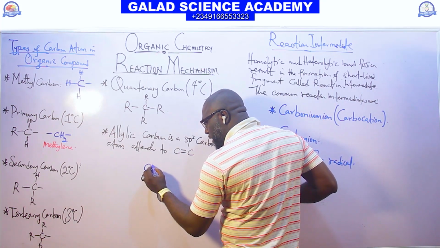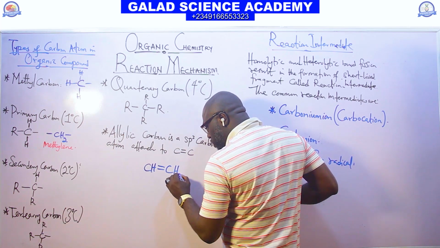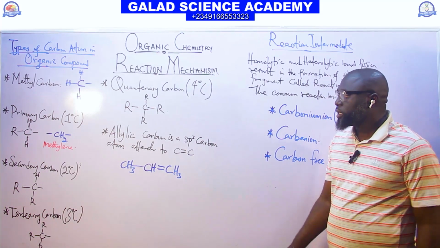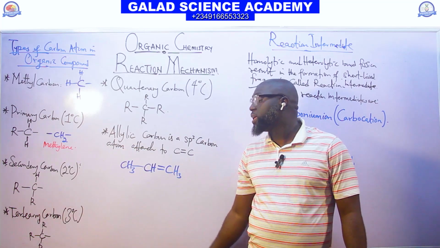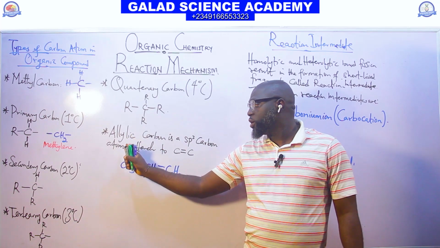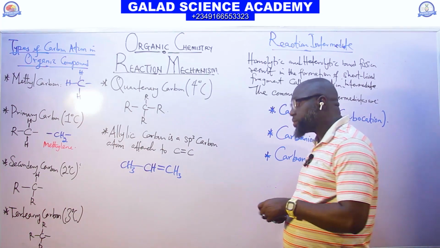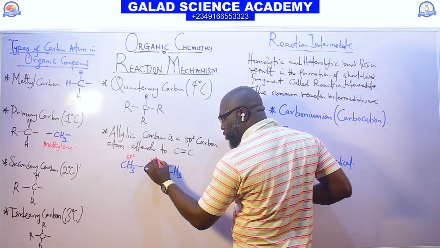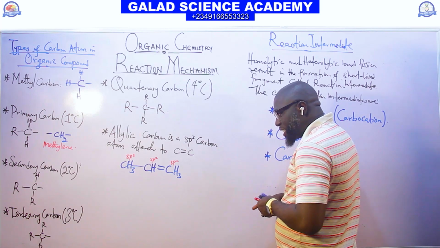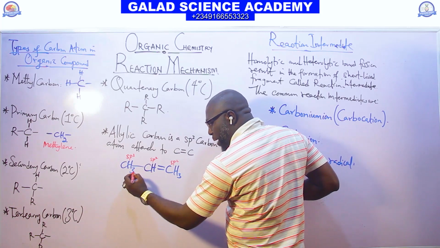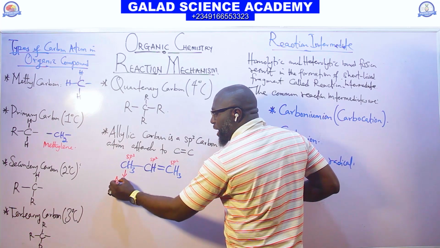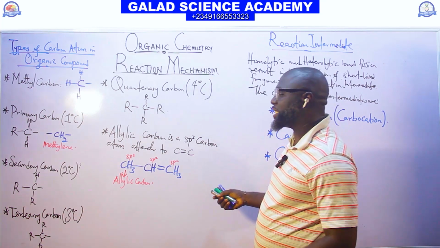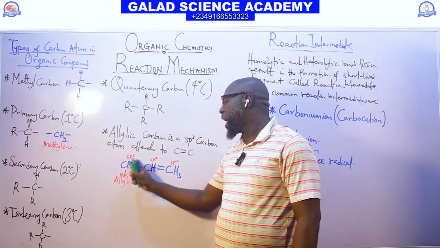Look at this structure: this is CH double bond CH2, and at the back here we have CH3. The two double-bonded carbons have sp2 hybridization, and this carbon here, which is attached to the carbon double bond, I call an allylic carbon atom.